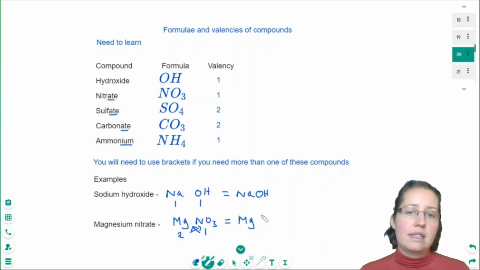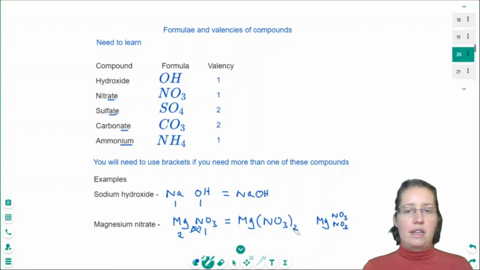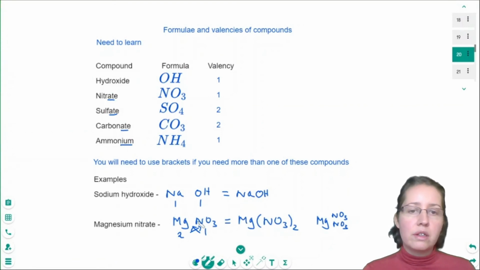So we write that as Mg brackets NO3 2. And now that says we have 2 nitrogens and 6 oxygens in total, or we can imagine it as being Mg, which has 2 lots of NO3 with it. Okay, so if you need more than one of these compounds where you've got more than one element in, you must bracket it before you put the subscript number in.